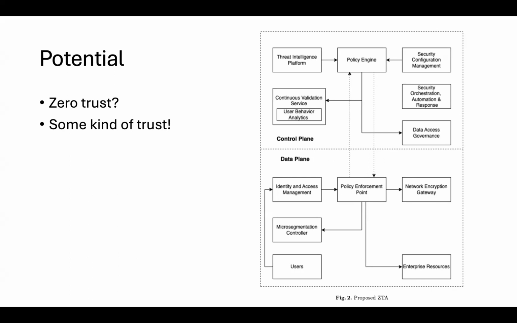Now looking back, don't trust anything obviously is never truly capable, because at some point we have to trust something. There has to be some kind of trust. And it's not so much about having absolutely no trust.